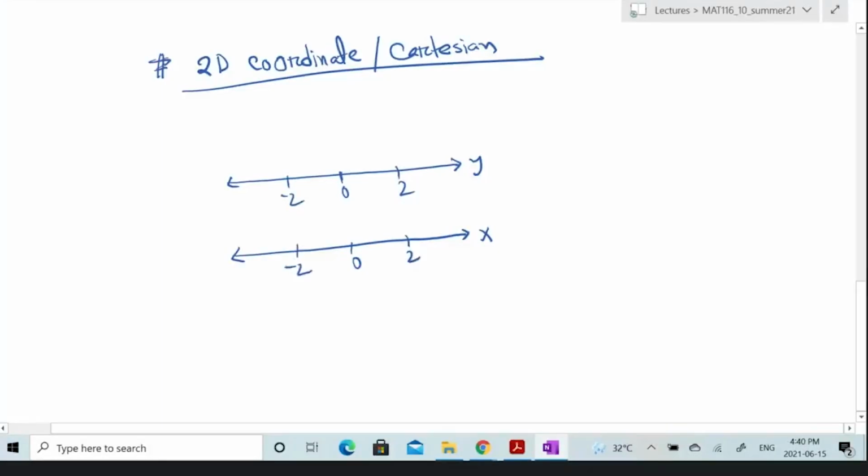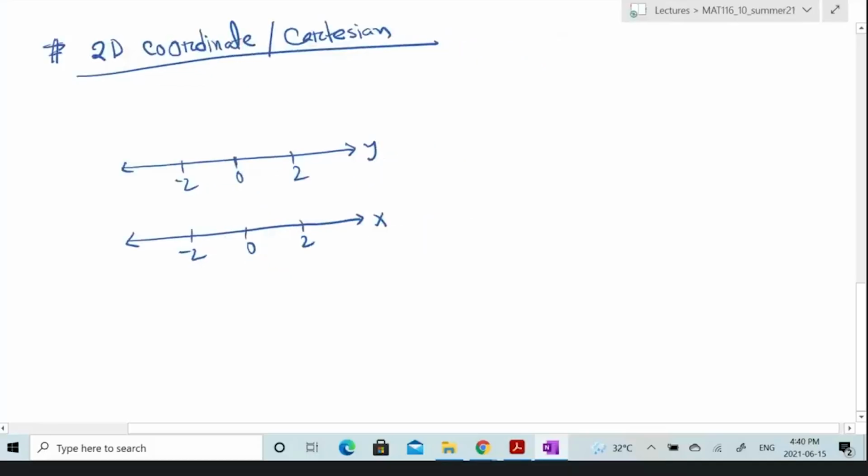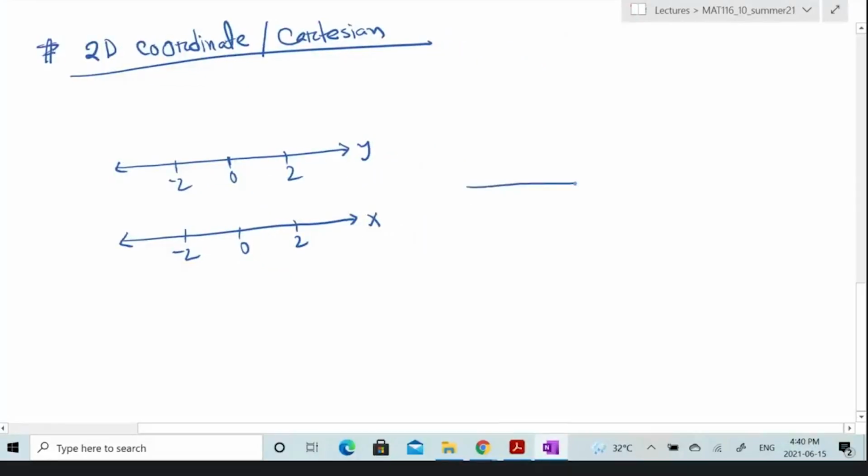Now, if you put them together perpendicularly, one on top of the other, so this is one line x and this is another line y, then it forms a two-dimensional coordinate system.